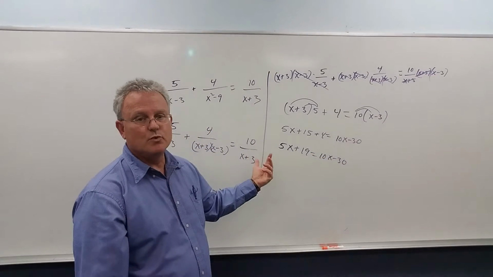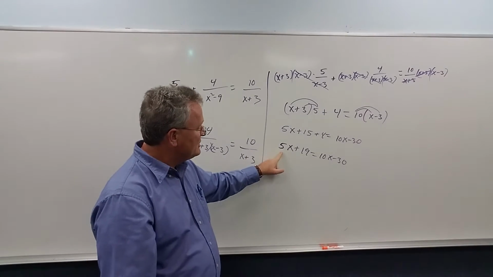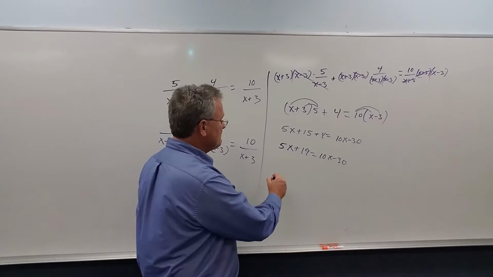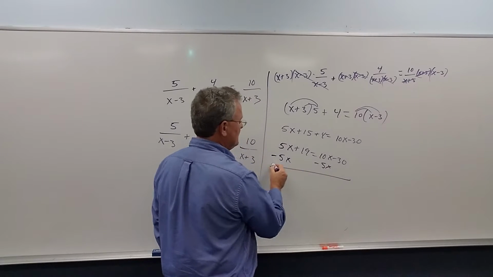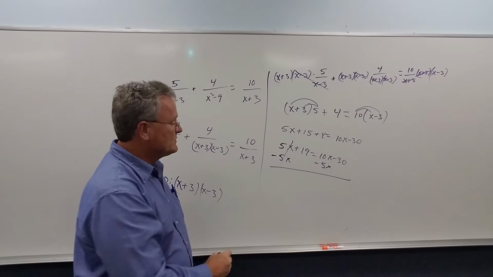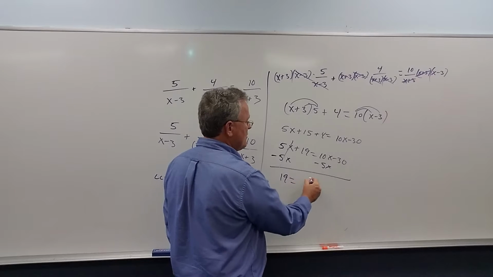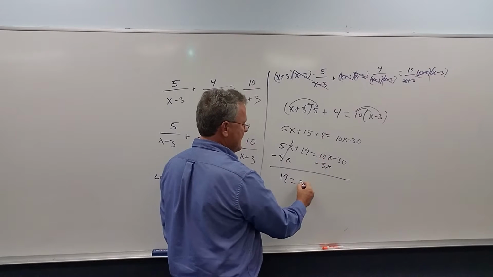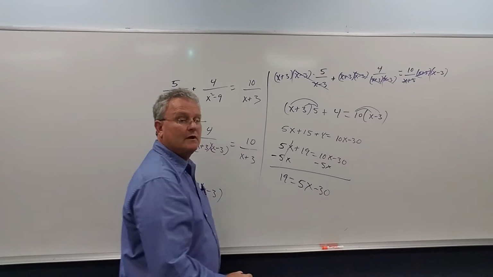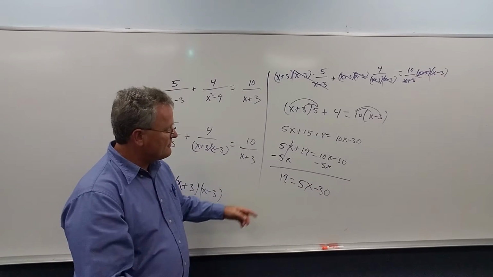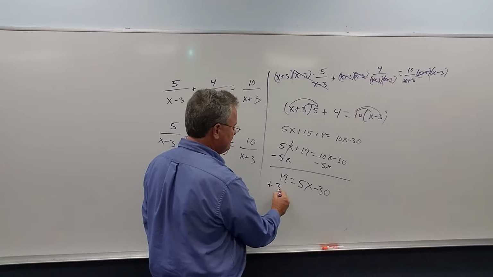Move the x's to one side or the other. I'm going to subtract 5x from both sides. Those cancel. We're left with 19. Over here, 10 minus 5 gives us 5x minus 30. Now we add 30 to both sides.